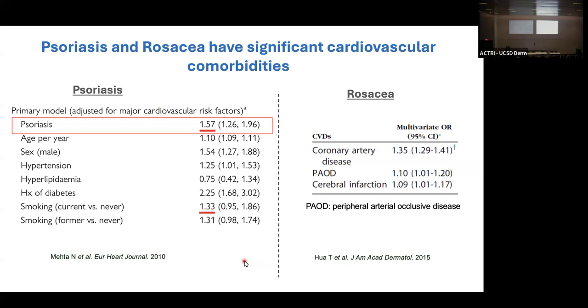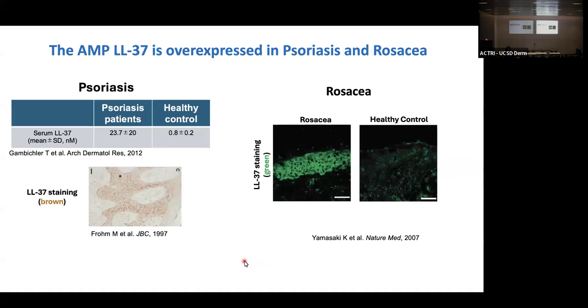Now that was of interest to the lab because both of these diseases, we and others had shown, have too much of these antimicrobial peptides in the skin. Psoriasis long ago was shown to have tons of it in the skin, and others have looked in serum and found that this one particular antimicrobial peptide, LL37, is about 10 to 20 times higher in circulating serum in psoriasis patients than in healthy controls.